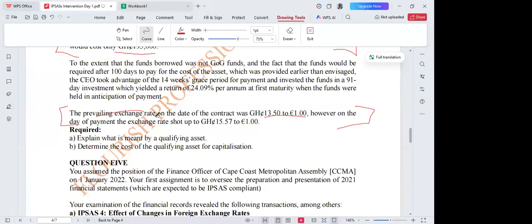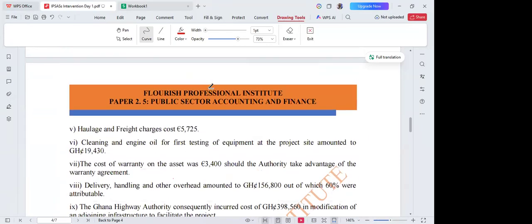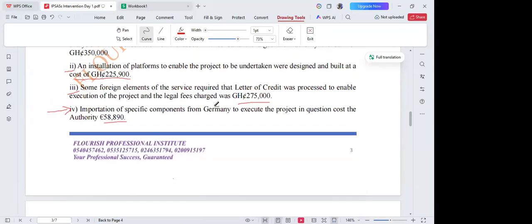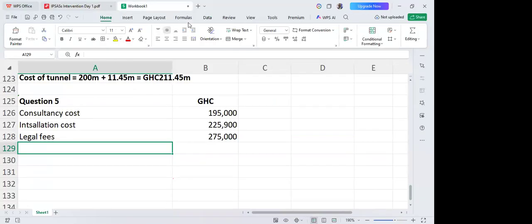So since they didn't, we just have to go with the prevailing exchange rate, because that's the rate prevailing at the contract date, so that we can get a value in that regard. So the value for the importation of this one will be the 58,890. You are going to pay it at that date using the prevailing exchange rate, not the 15.